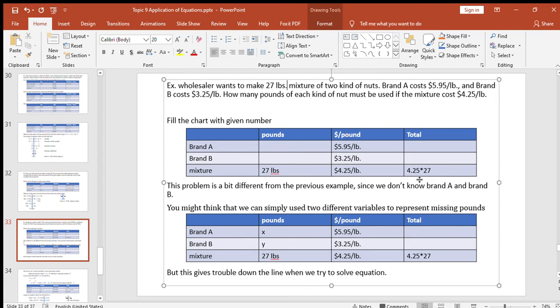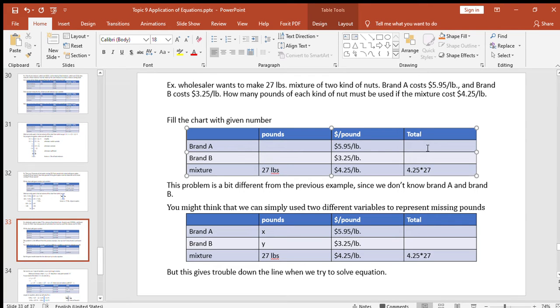We know that already, but we don't know what A and B are. In the previous two examples, we knew at least one, but here we don't know A and B. So what do we do?